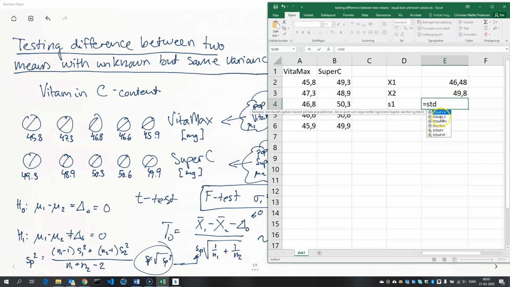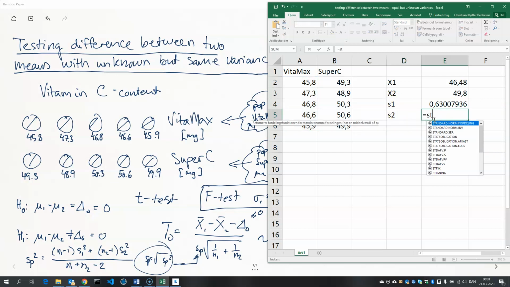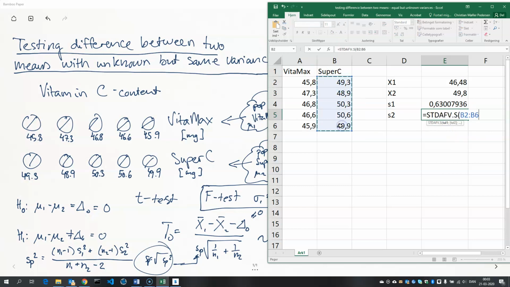And remember, it's the sample standard deviation that we need. And here we want the sample standard deviation of the second sample. Like that. And for completeness sake, I'll punch in the sample sizes.